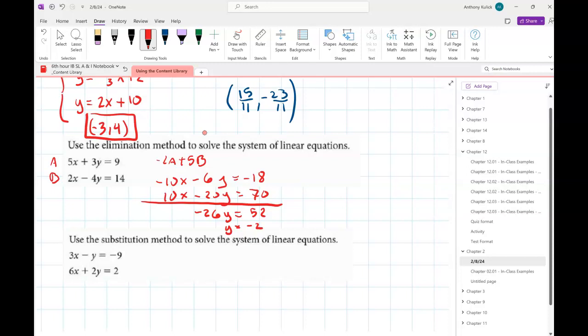Does it matter which variable you eliminate first? No. What do you do once you get an answer? Plug it back in where? Any two variable equation, right? So I'm going to plug it into the second one.